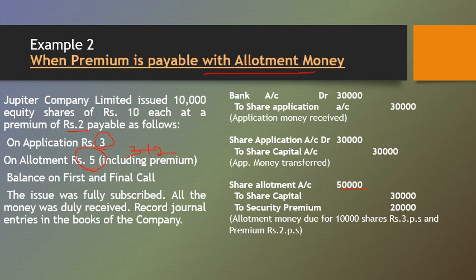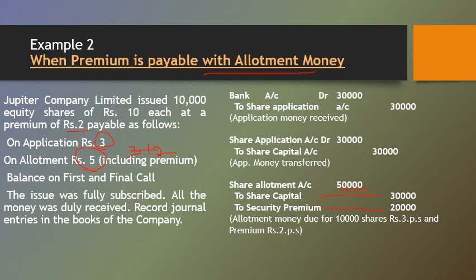So 3 into 10,000, 30,000, is payable towards the allotment money. That amount will be transferred to the share capital, and the remaining 2 into 10,000 is the security premium. That amount will be transferred to the security premium account.